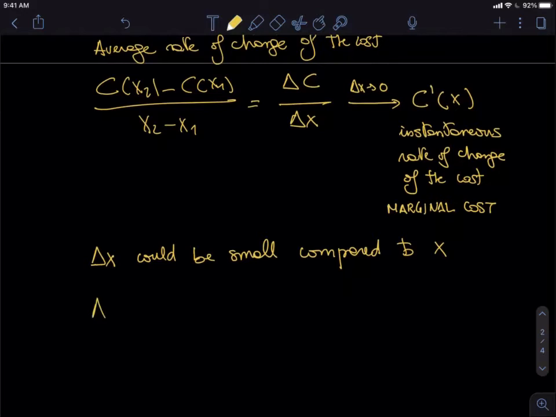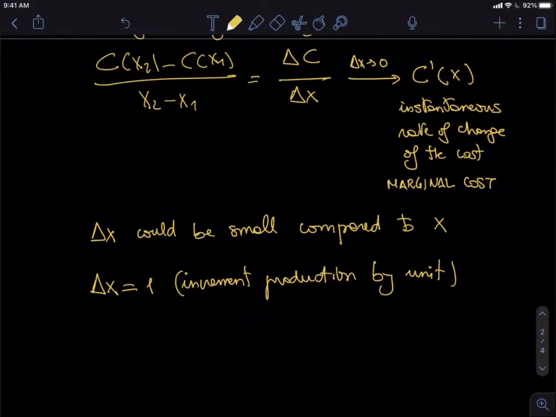For example, in this particular case, when you increment production by 1 unit and you want to know the corresponding change in the cost, that is the marginal cost. So here what you could say is, C prime of n for a large number of items n is approximately equal to the increment C of n plus 1 minus C of n.